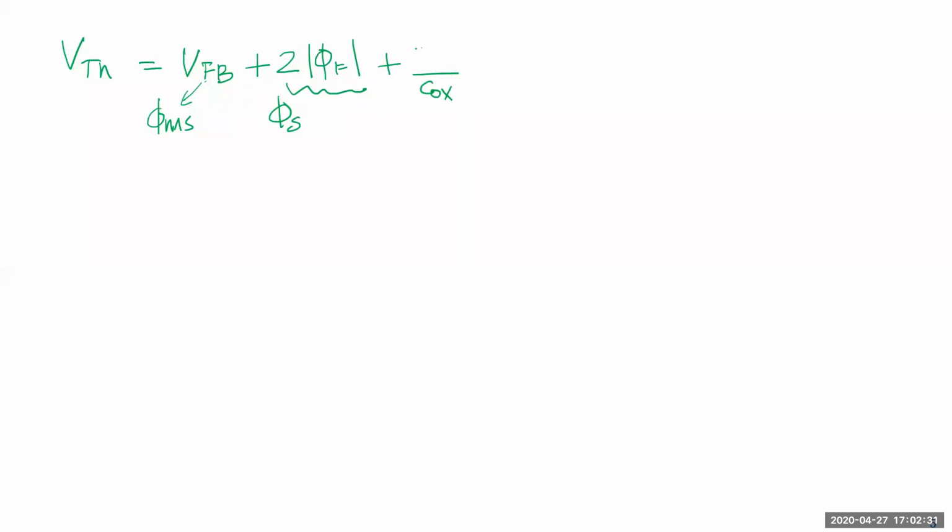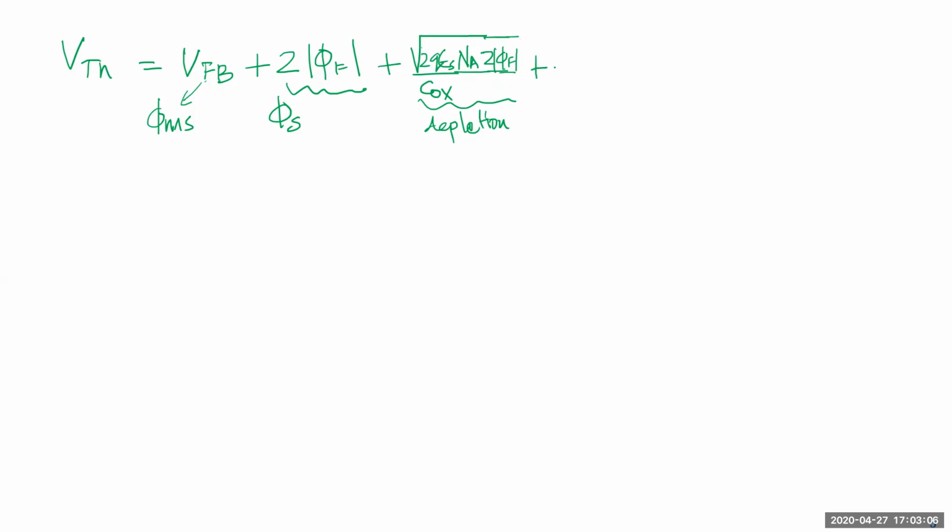You remember we calculated this from the depletion length, which was 2 times epsilon S, the permittivity of silicon, times the dopant concentration Na, and the potential difference across the depletion area, which is 2 phi f. You missed the Q also, so this is your depletion. Oh yes, sorry, thanks. So square root of 2Q epsilon S Na times 2 phi f.